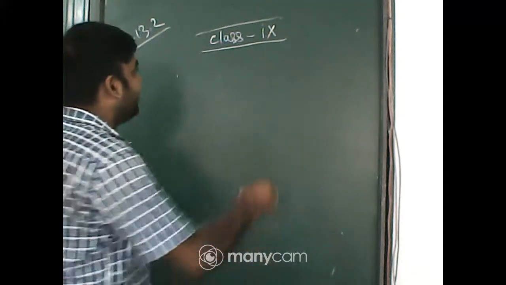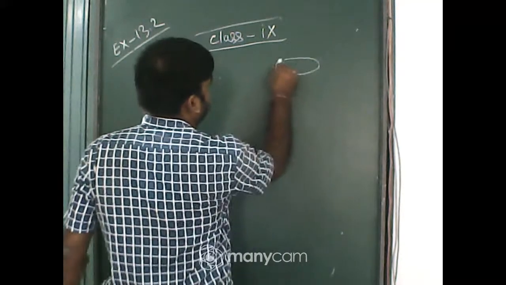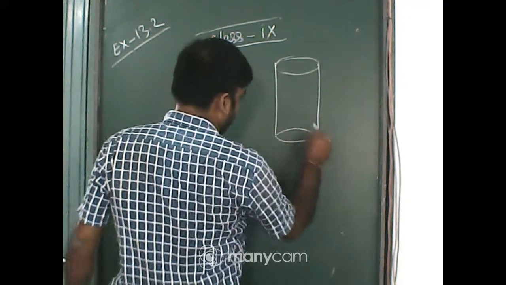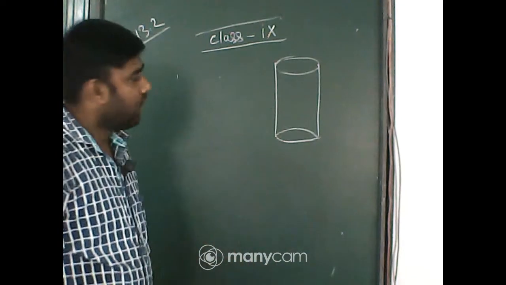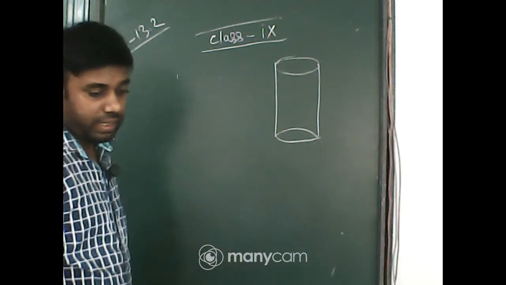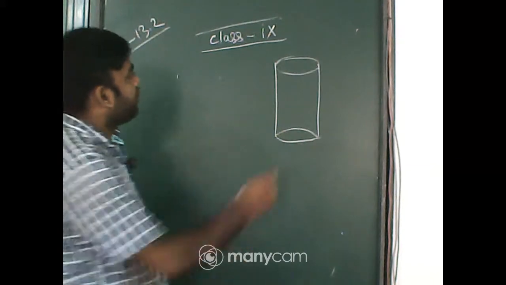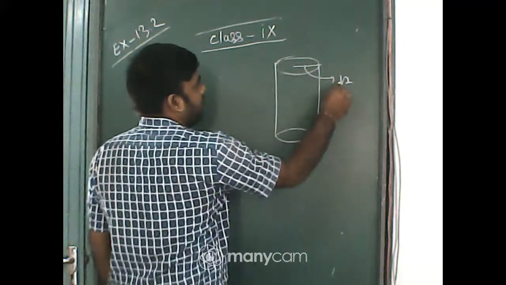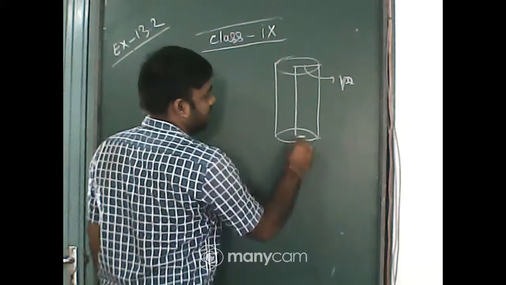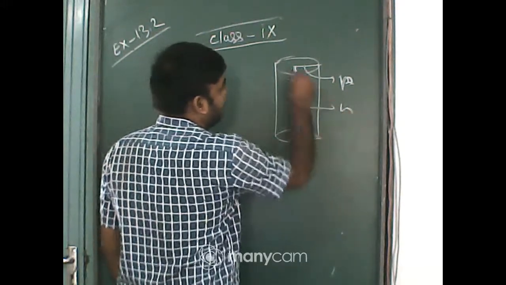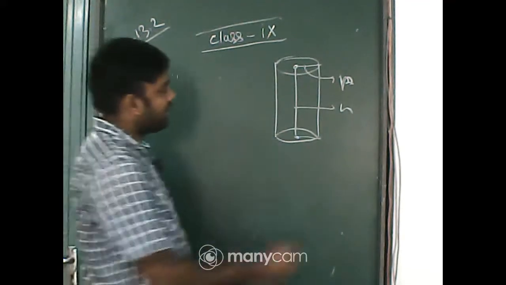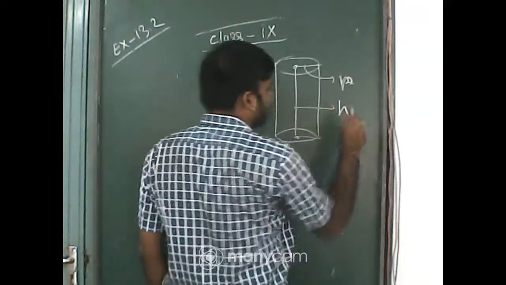Now this class is on exercise 13.2, that is the cylinder. This shape is a cylindrical shape. That is called the radius r, and that distance is the height of the cylinder.